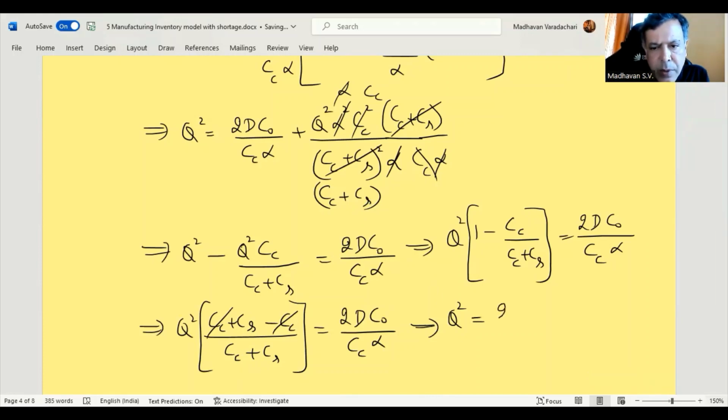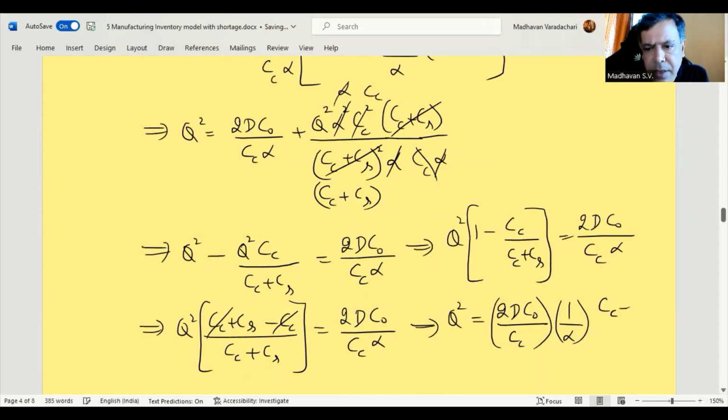So you will have 2dCO by Cc. And then you have 1 by alpha in the right hand side. Taking this to the right hand side, it will go to the numerator, Cc plus Cs. Taking this to the right hand side, it will go to the denominator. So you will have Cs.